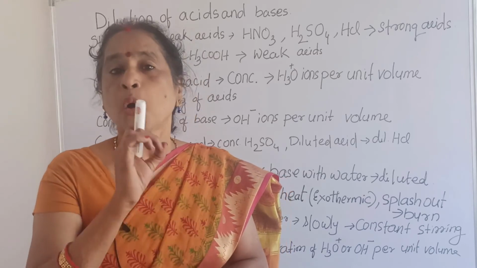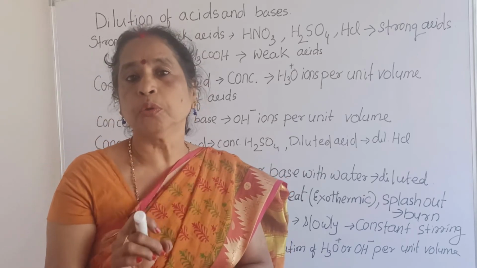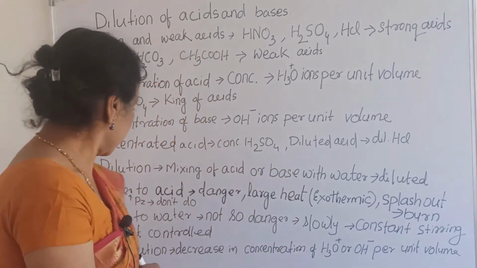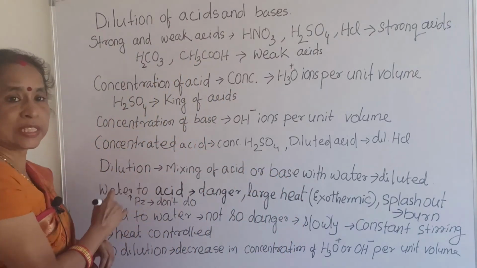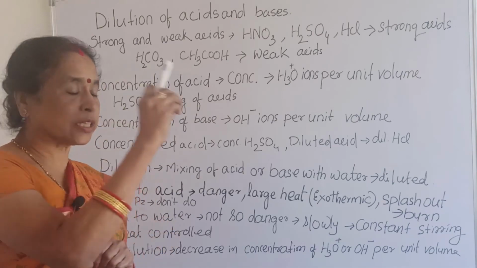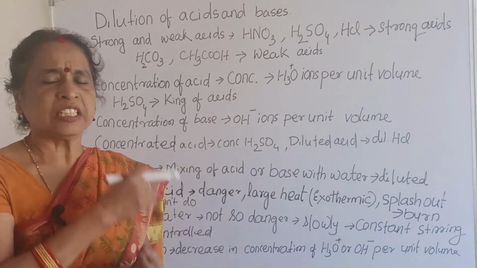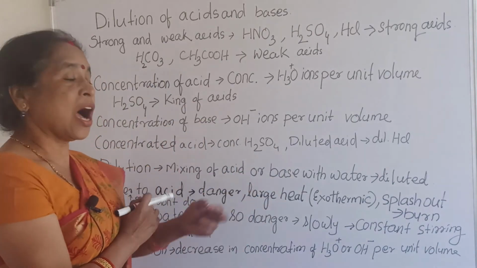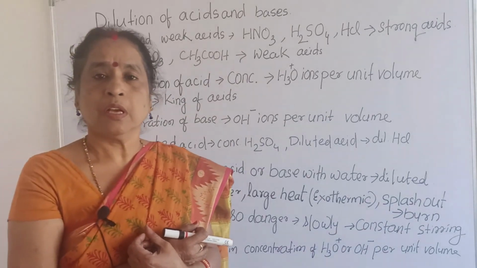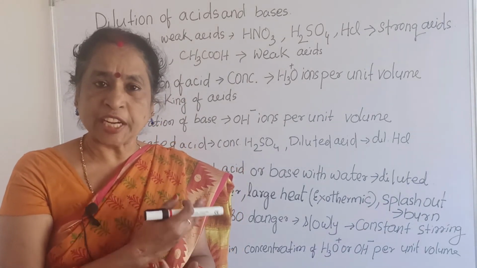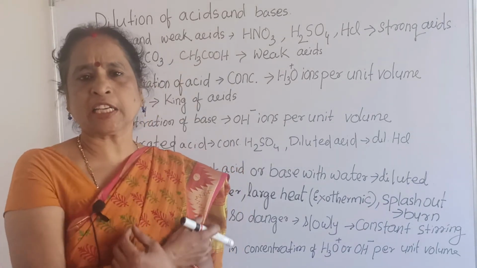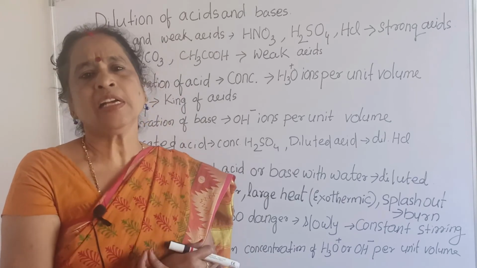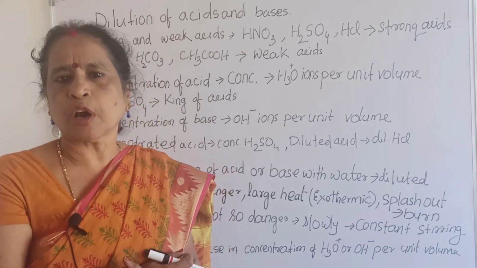Then the question is what to do, how to do dilution of acids. First, see water to acid. If we add water to acid, what will happen? This is very dangerous. A large amount of heat is produced. When heat is produced in any reaction, the process is called an exothermic reaction.